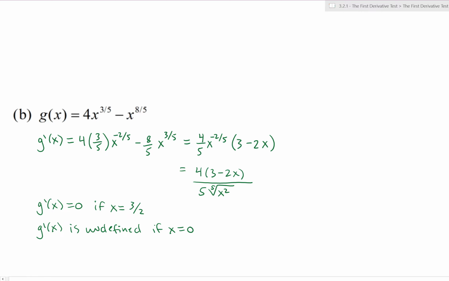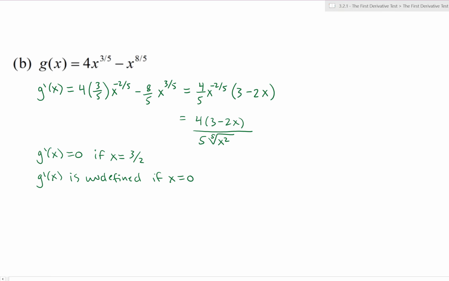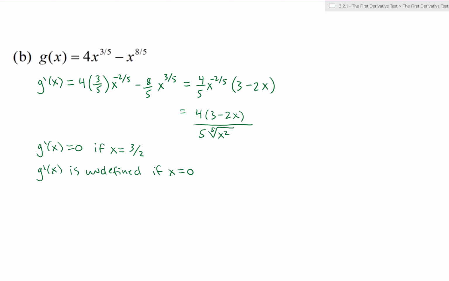The first one at 3/2 is a critical point of type 1, where we have some kind of smooth situation. And at 0, we have a critical point of type 2, for which the derivative is undefined. Regardless, we can still do our sign analysis to figure out whether we have maximal or minimal local extrema here.